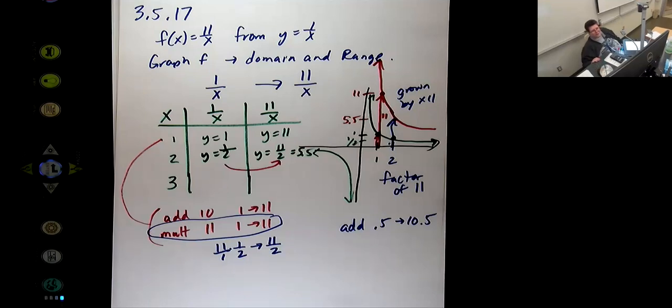Then they gave us a couple graphs to look at. Only A and B have the right shape.